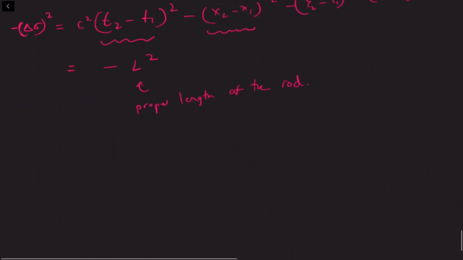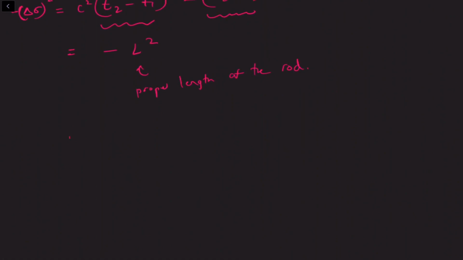Okay, so it's in this sense that proper time, that is the time interval that has elapsed on a static clock, and proper length, that is the length of a rod as measured in its rest frame, these quantities are space-time intervals.